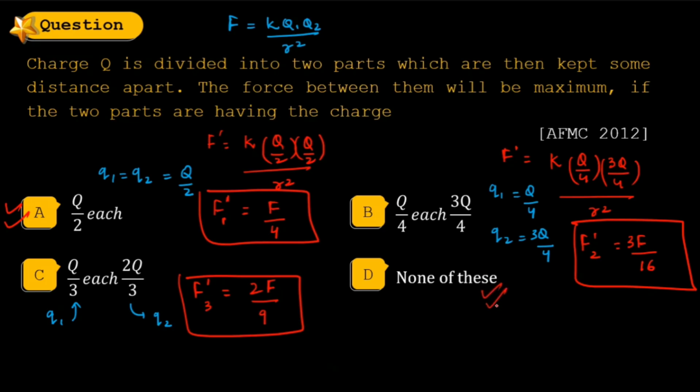Why? Because there is another case in which, if we divide this Q into two parts, we get the maximum value. I'm not going into that because it involves some calculus, and I don't think it is required in your case. So just understand these three cases. This is enough as per the AP exam requirement. All right, let's move ahead.